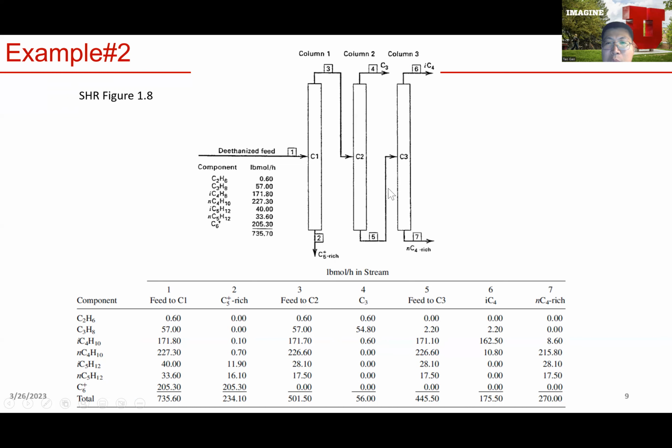Okay. Then we enter the last distillation column, which will separate normal butane from isobutane, right? Because normal butane is less volatile than isobutane.